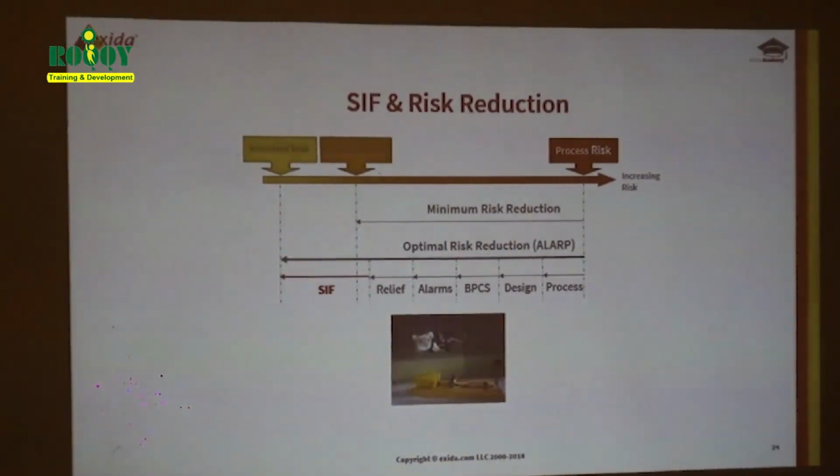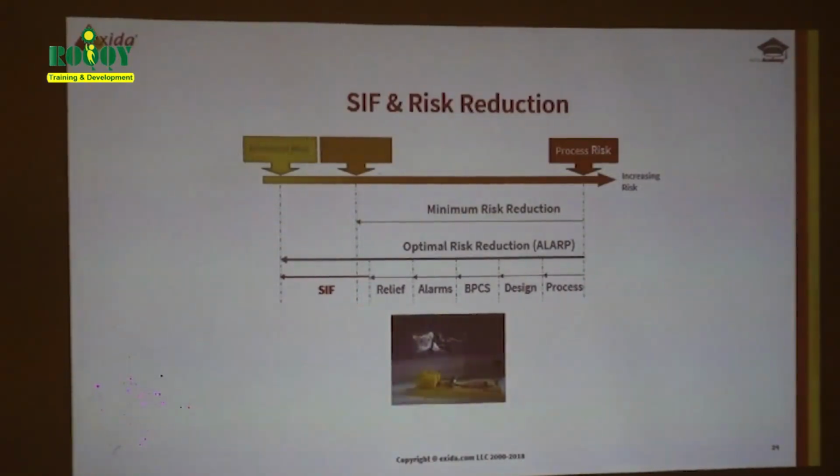You may, through the analysis, realize that you've actually gone past tolerable risk. You've got enough in place, so you don't need a SIF. But you wouldn't know that unless you've done the analysis. You've got to analyze each hazard.